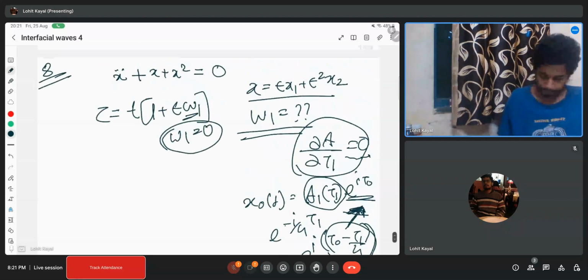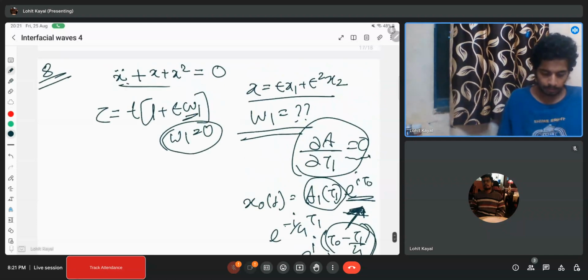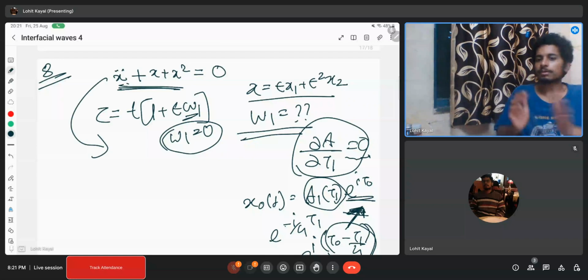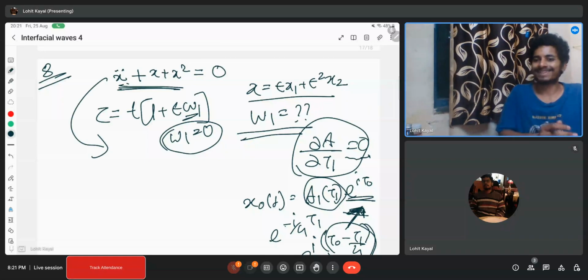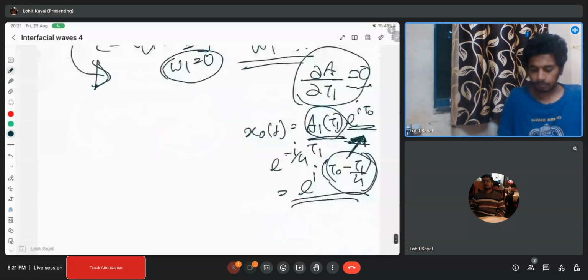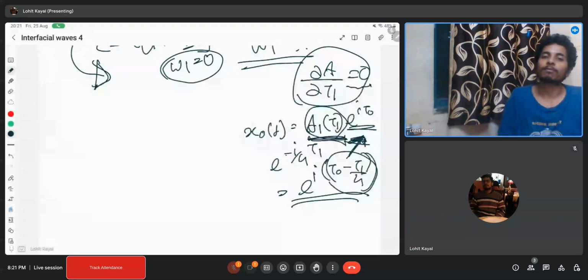Here also see that this is an implicit problem. So use the concept I have told you so far: the Lindstedt-Poincare technique and multiple scale technique should give you the same answer. So the Lindstedt-Poincare technique will also work here, and from the multiple scale technique we have found that your frequency doesn't get modified.